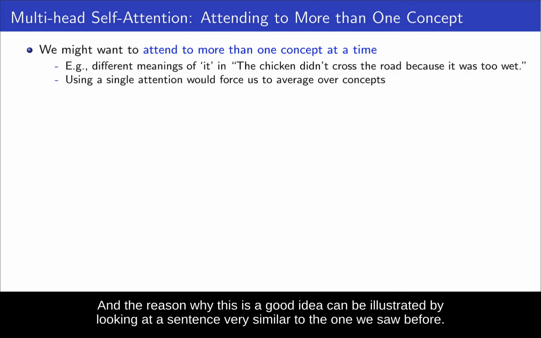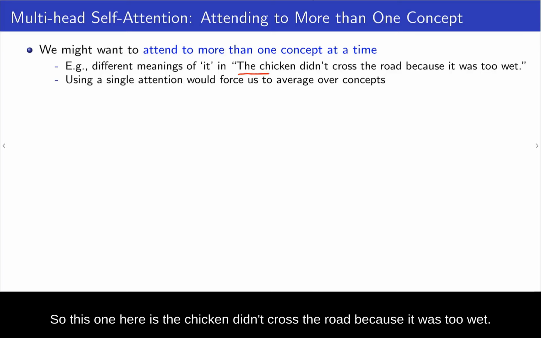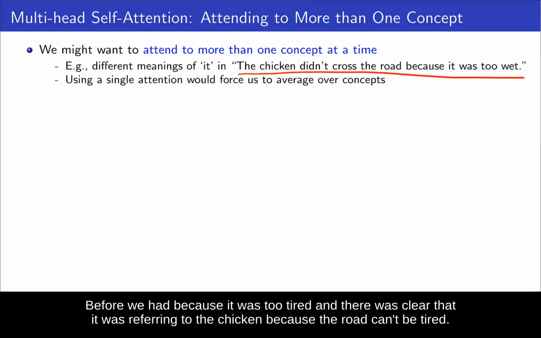And the reason why this is a good idea can be illustrated by looking at a sentence very similar to the one we saw before. So this one here is, the chicken didn't cross the road because it was too wet. Before we had because it was too tired, and it was clear that it was referring to the chicken because the road can't be tired.